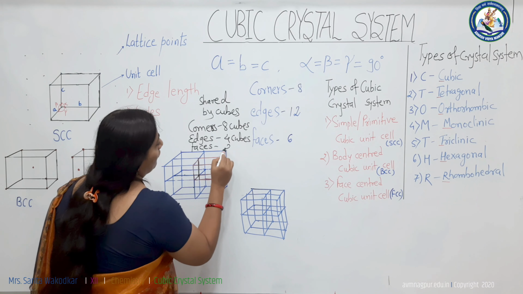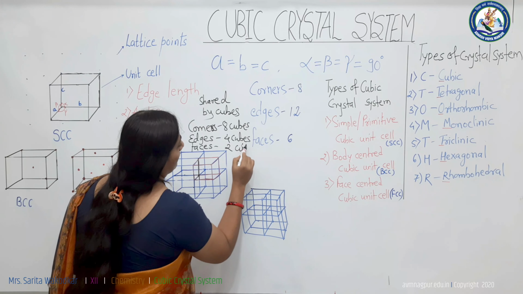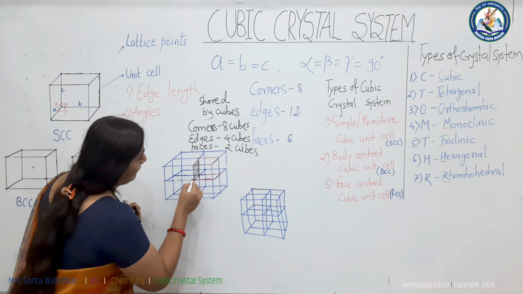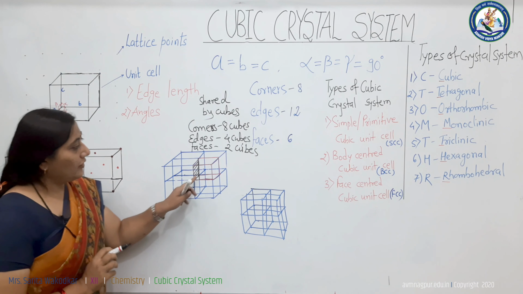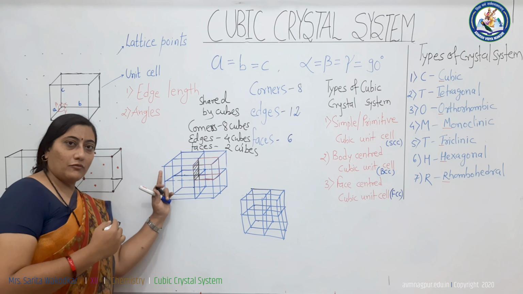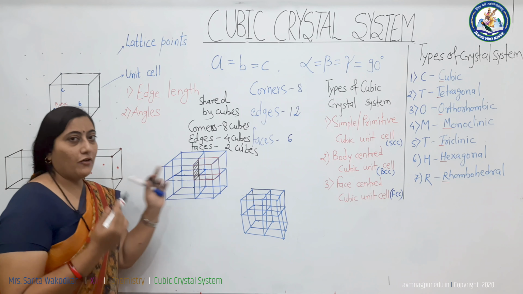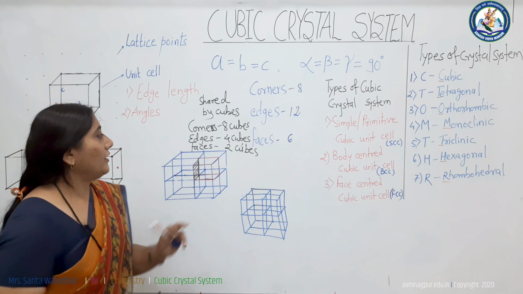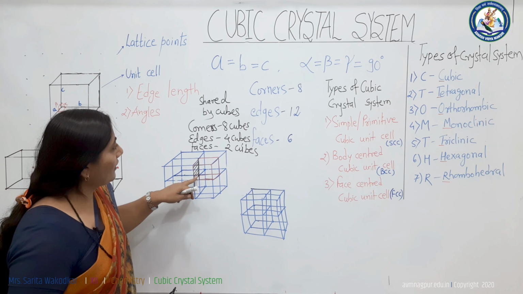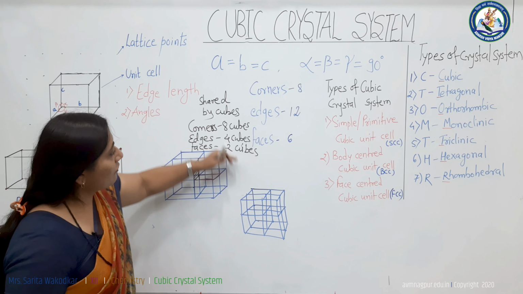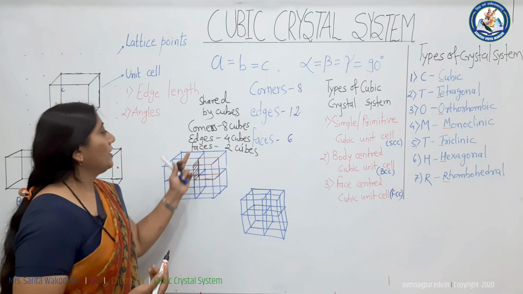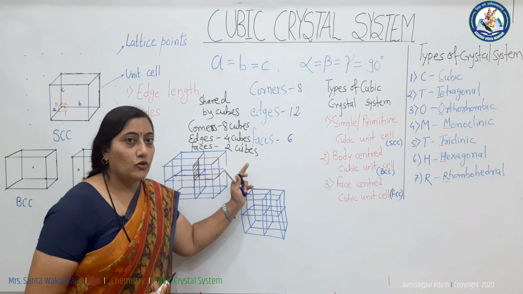Faces are shared by only 2 cubes. If we consider this is a face, it is shared by this cube and the left side cube, which means faces are shared by only 2 cubes. In this way, corners are shared by 8 cubes, edges by 4 cubes and faces by 2 cubes.